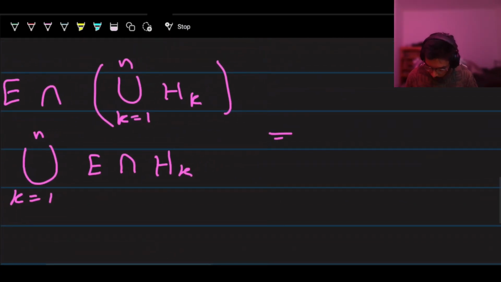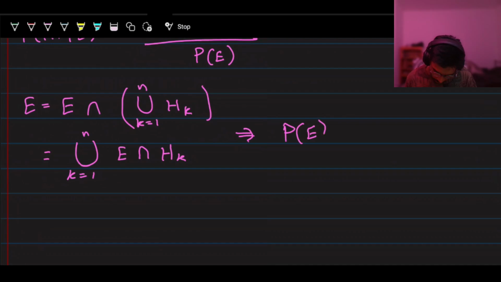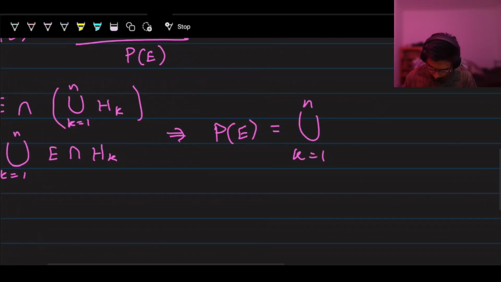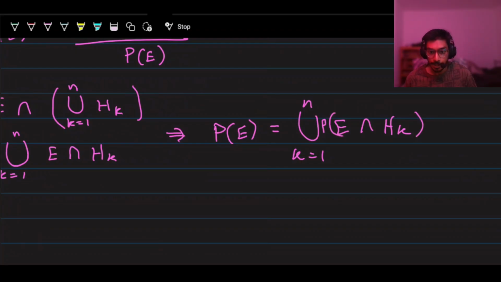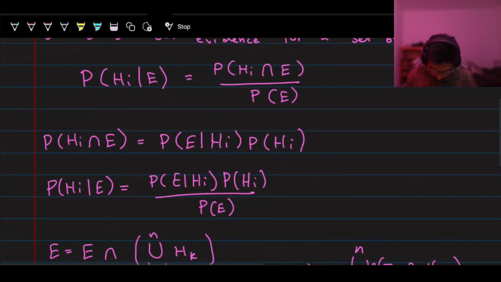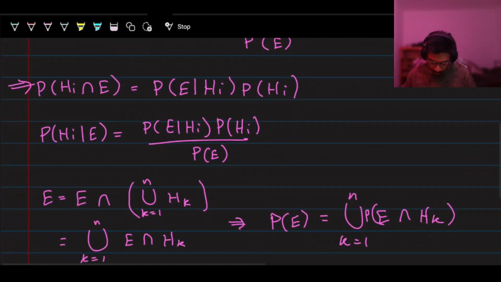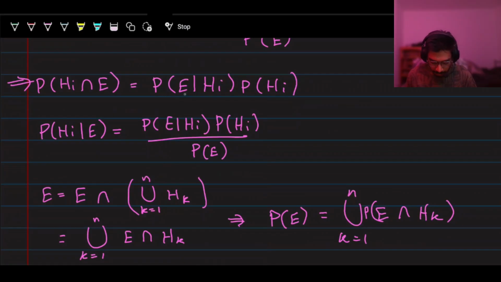So therefore, our probability of E is the same as the disjoint union of our evidence intersected with our hypotheses. And if we look earlier, the intersection of our evidence and our hypothesis is the conditional probability of the evidence times the marginal of the hypothesis.